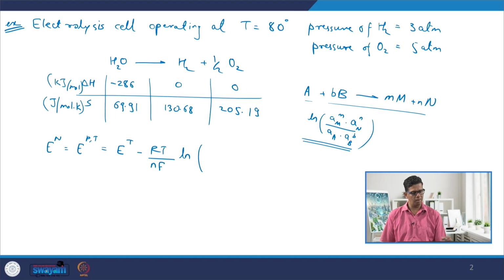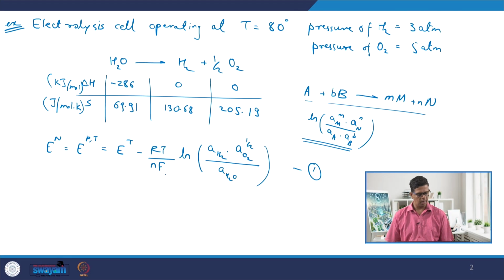Coming back to our equation, the products are hydrogen and oxygen. So, we need to consider the activity of hydrogen times the activity of oxygen raised to half, since half a mole of oxygen is being generated, divided by the reactant species, which is water here. So, this becomes our equation.